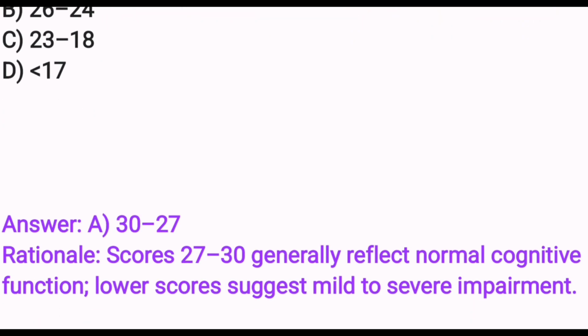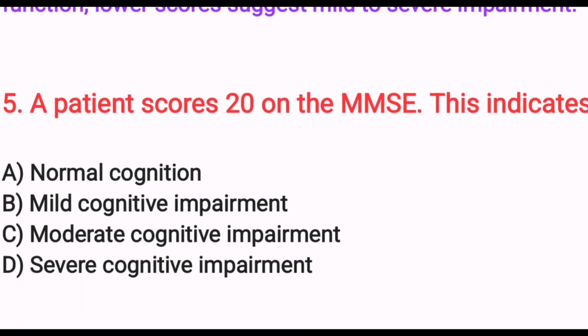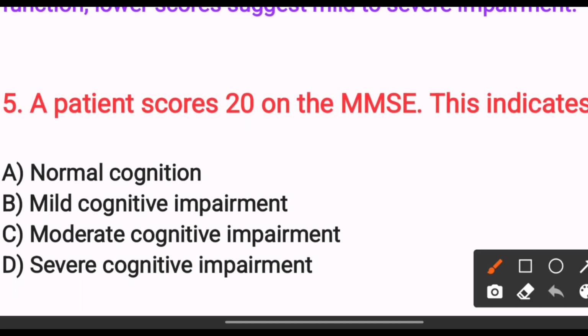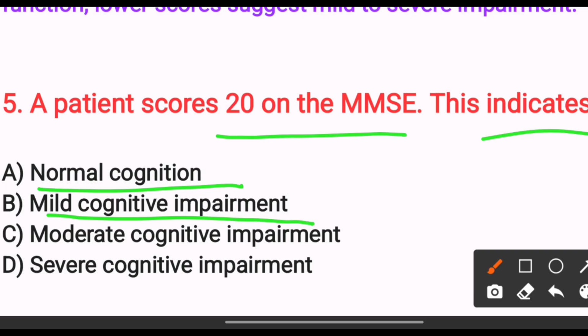Next, a patient scores 20 on the mini mental status examination. This indicates: option A, normal cognition; option B, mild cognitive impairment; option C, moderate cognitive impairment; option D, severe cognitive impairment.